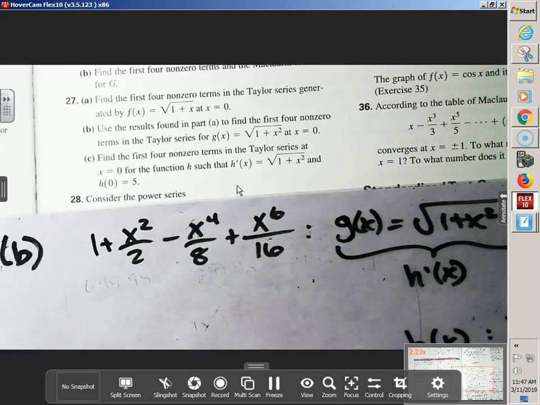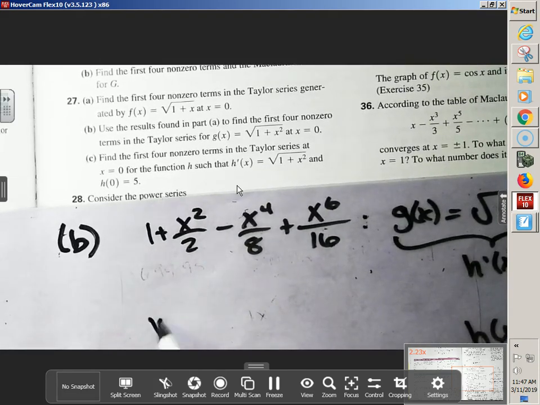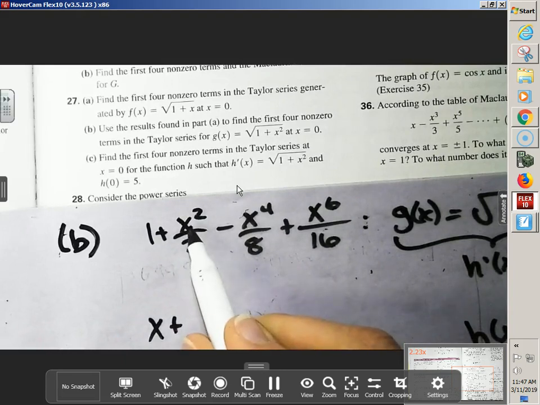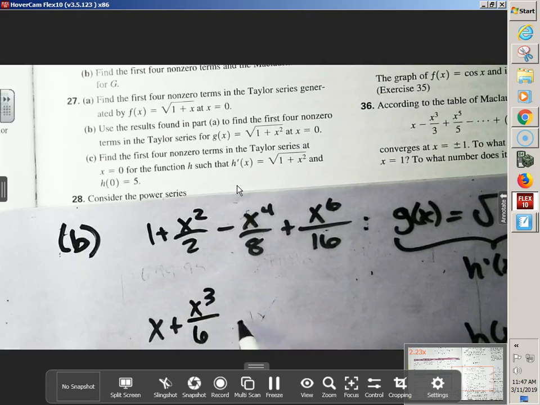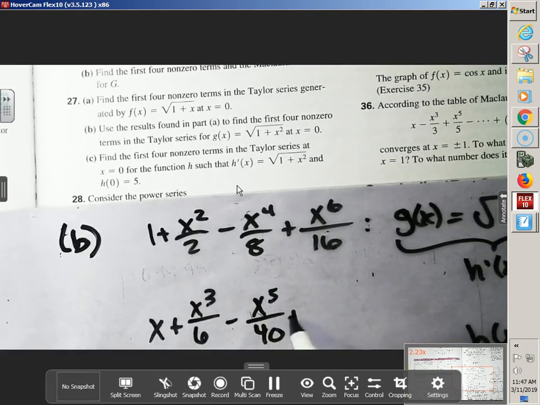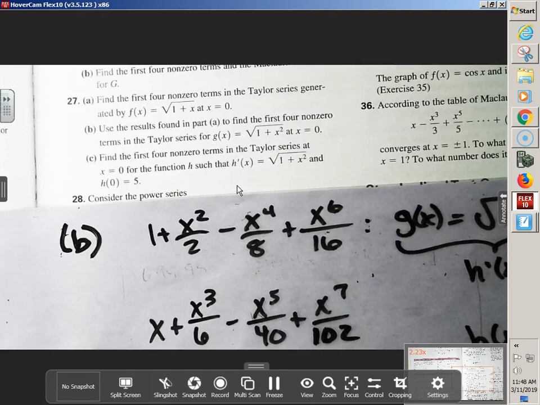So we can integrate term by term. Yeah. So the x plus x cubed over 6 minus x to the 5th over 40 plus x to the 7th all over 102? No, 112.